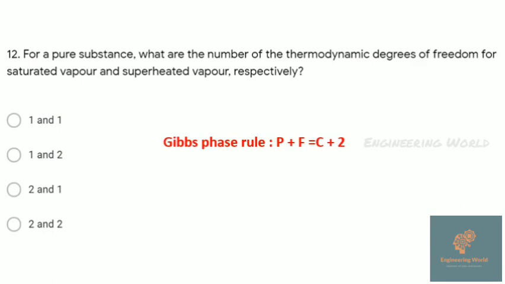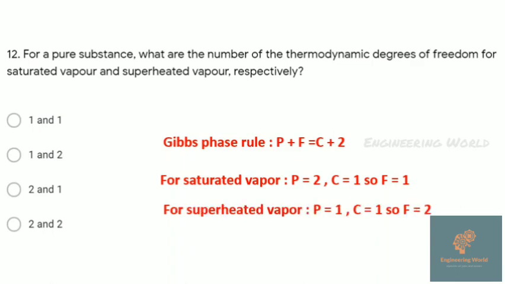For a saturated vapor, P, that is number of phases, is equal to 2, component 1, so we get F is equal to 1. And for a superheated vapor, phase is only 1, that is only vapor, no water content, so we get degree of freedom F is equal to 2. So the correct answer is 1 and 2.